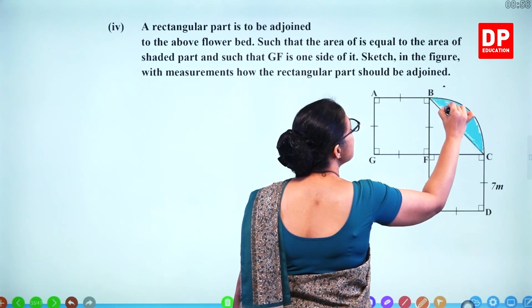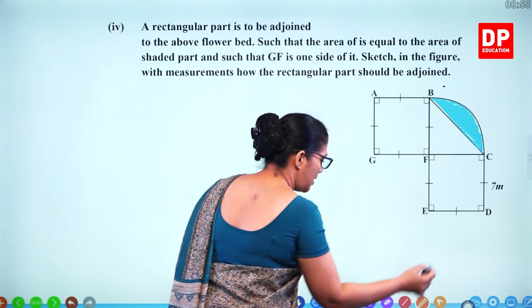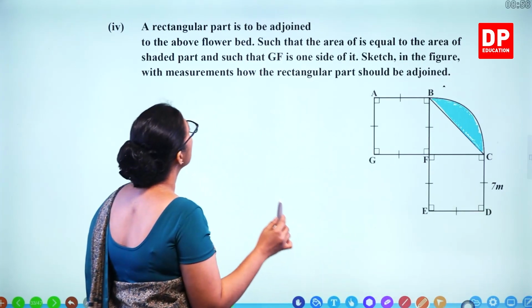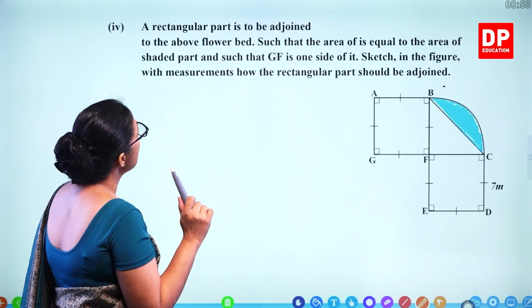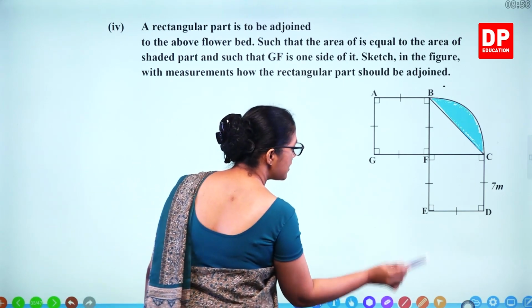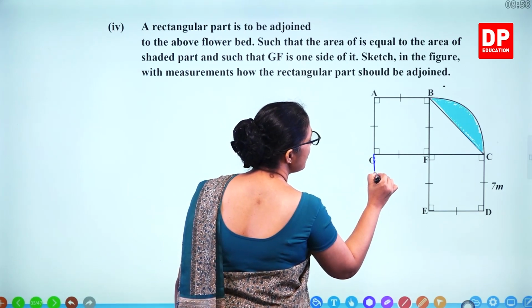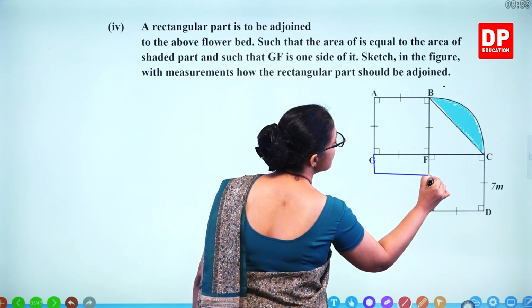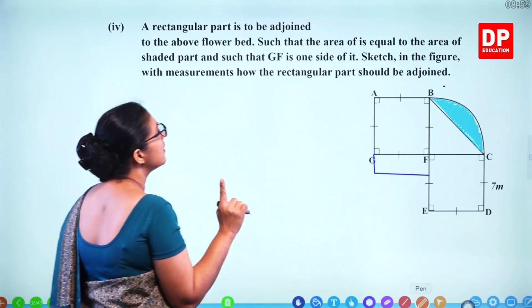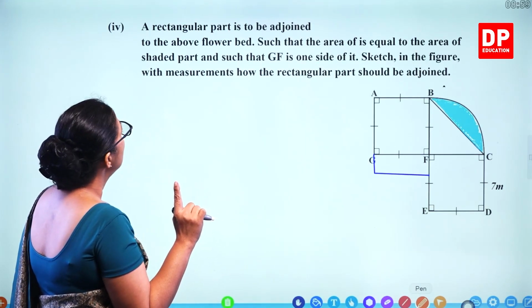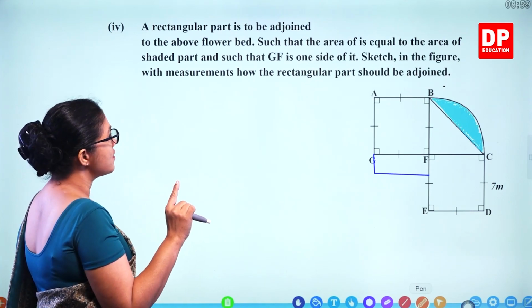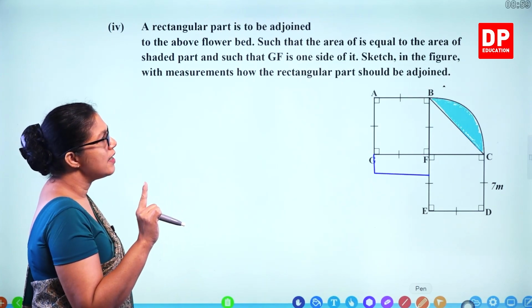That area is equal to the new area of the rectangle. So you have to attach a rectangular part to this side. Areas are equal. Sketch in the figure with measurements how the rectangular part should be adjoined.